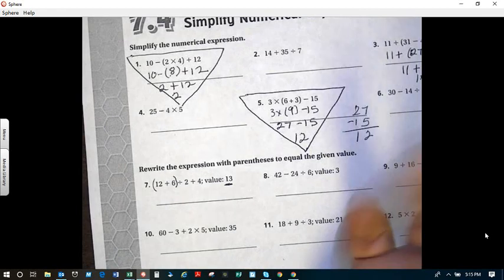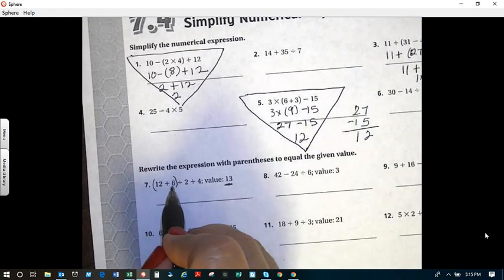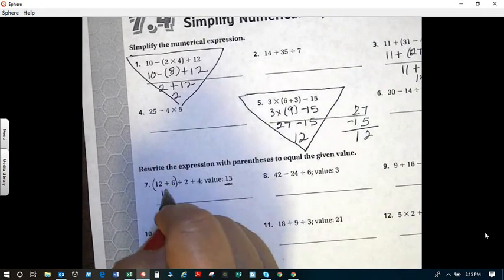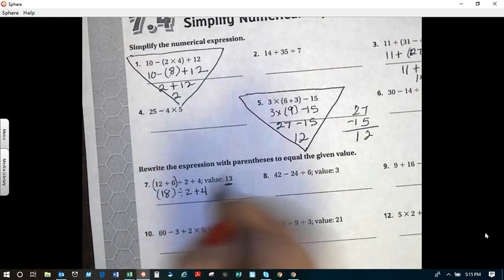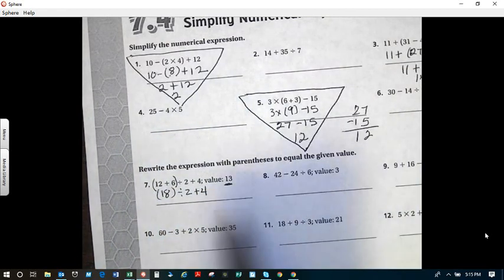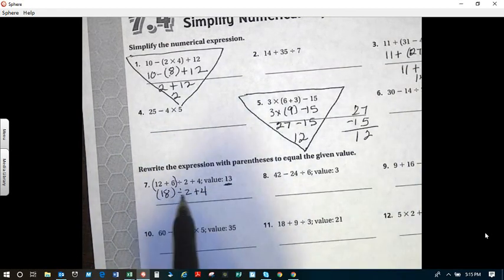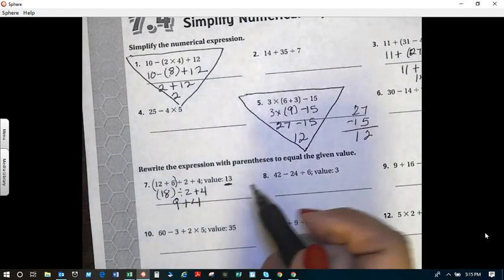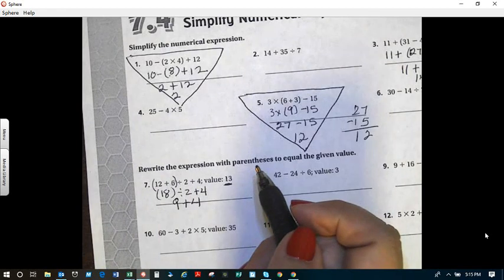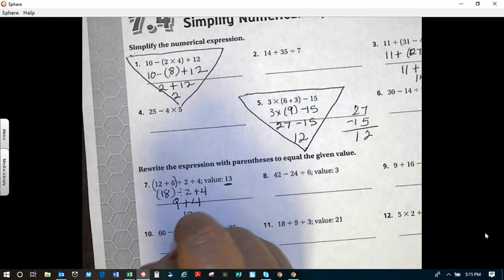Okay, so let's say 12 plus 6 is 18. And I should have done this on paper. And I have divided by 2 plus 4. What would be my next one? All right, 18 divided by 2 equals 9. 9 plus 4 equals 13. So that's one way of doing it.